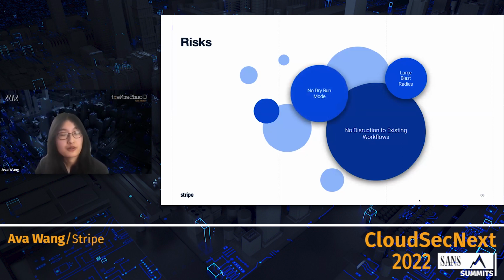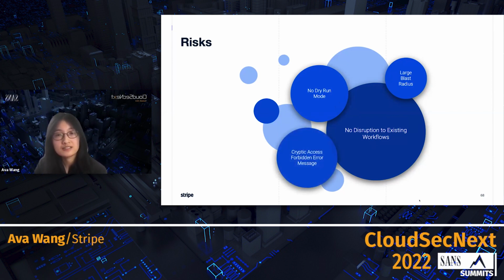Furthermore, there's no dry run mode available for SCPs, so we can't see what AWS API actions they would block. And in addition, the access forbidden error message that the SCP causes may be difficult to trace back to the source.